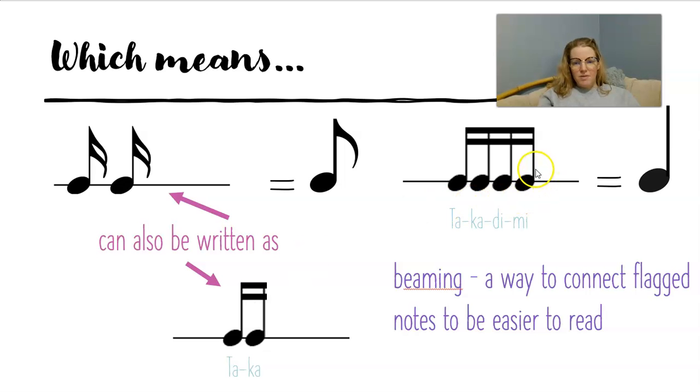Usually you'll see them in groups of 4. Again, with our takadimi at the bottom here, with 4 of them, takadimi. 4 16th notes is equal to 1 quarter note. 2 16th notes is equal to 1 8th note. So a lot of black, a lot of flags might seem a little scary, but it's going to be okay.